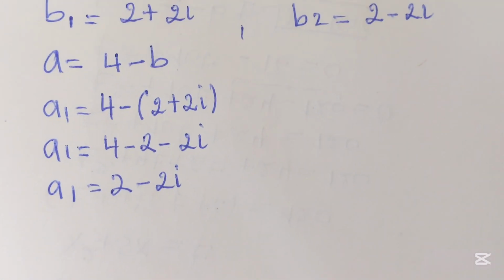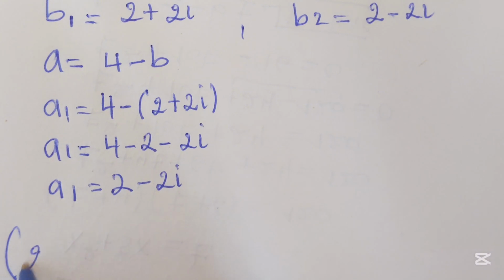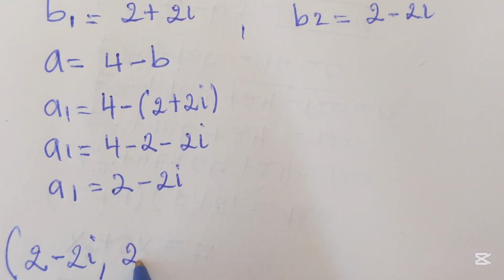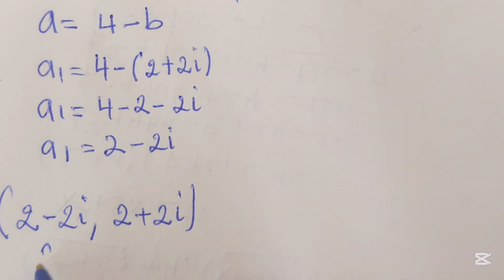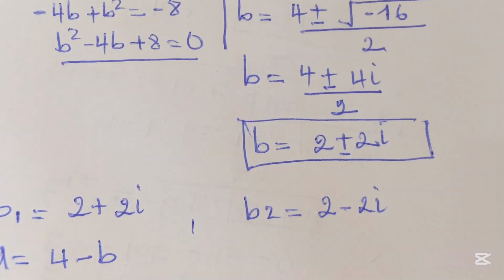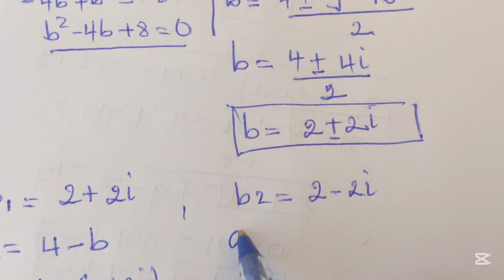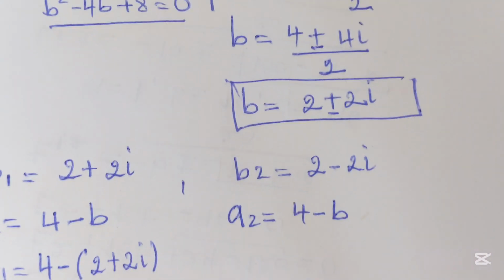So the solution set here, we will have 2 minus 2i as a, while b will be 2 plus 2i as b. For the second equation here, a2 will be 4 minus b.